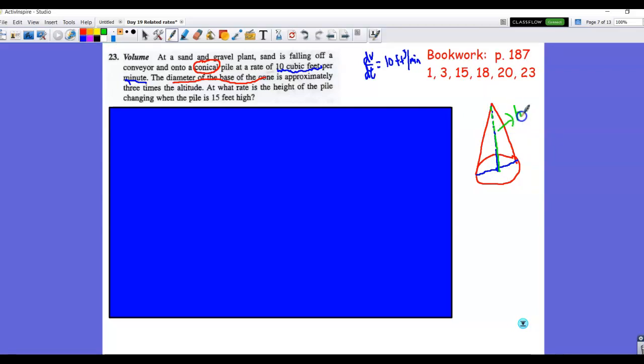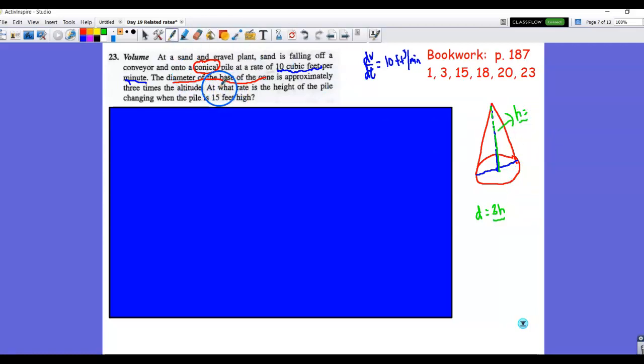So that is the height of the cone. It's changing. And then the diameter of the base is approximately 3 altitudes. So diameter, D for diameter, is 3 altitudes. H for height, altitude is the height. So we'll just stop there right now. So we have H and we have diameter in terms of H. So this is keeping me with one variable. That's pretty important right there.